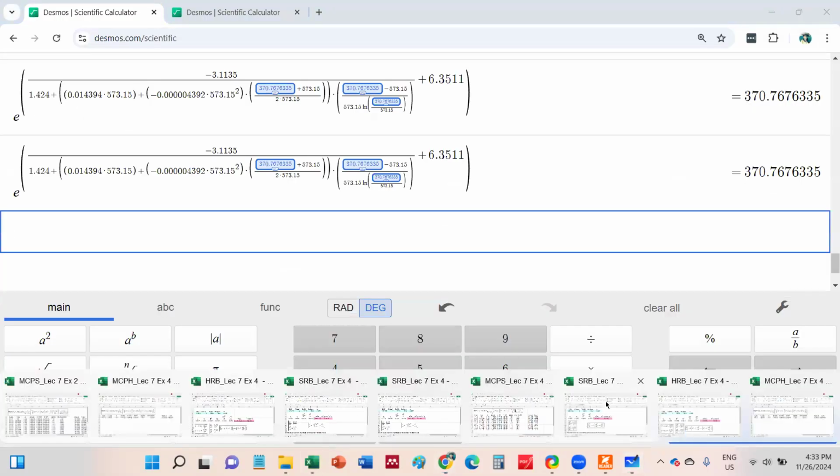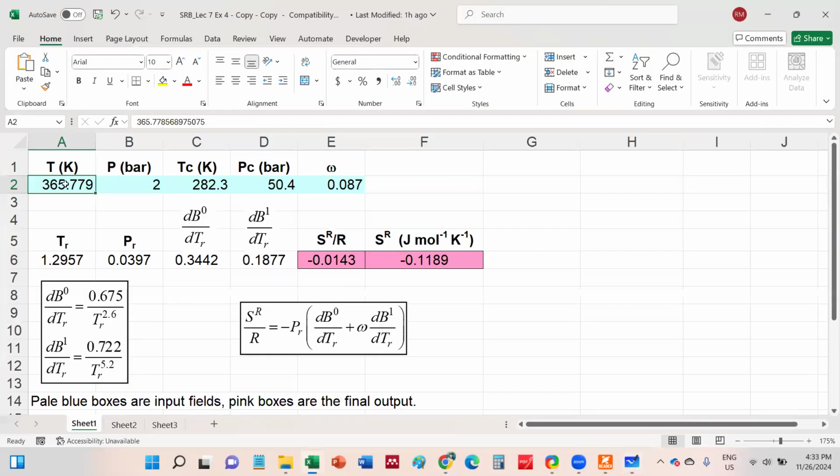So I will use the calculator again. So now the temperature is 365 instead of 370. What is S2R? It's negative 0.1189, or yeah, 0.11.